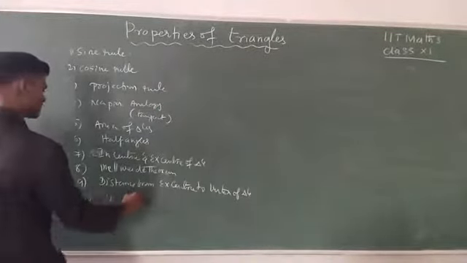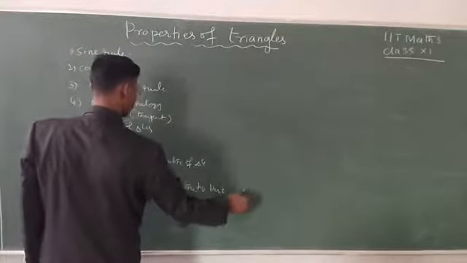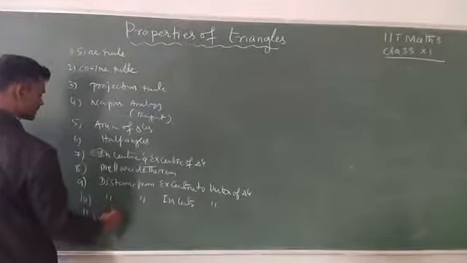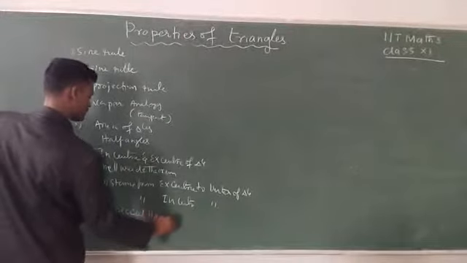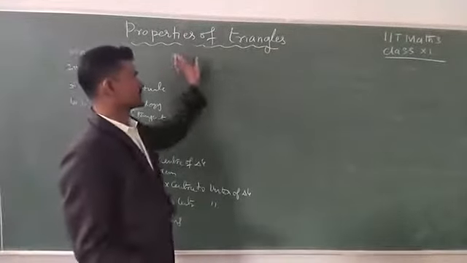Next one is distance from the incenter to the vertex of triangle ABC. Next, last one is special theorems. These are all we have to discuss in properties of triangles.